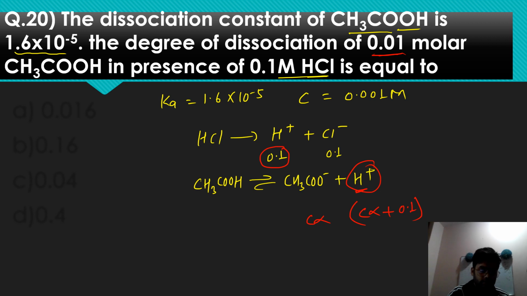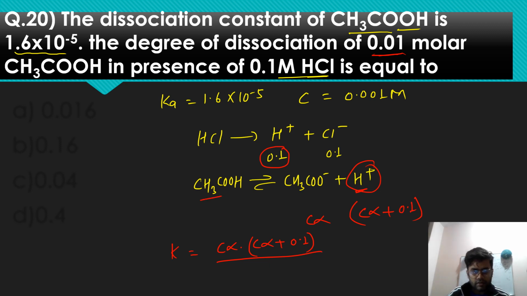Now the ionization constant Ka equals the concentration of products, that is C alpha into C alpha plus 0.1, divided by CH3COOH. According to Ostwald's dilution law, the concentration of reactant is C minus C alpha, since it is decreased by C alpha.